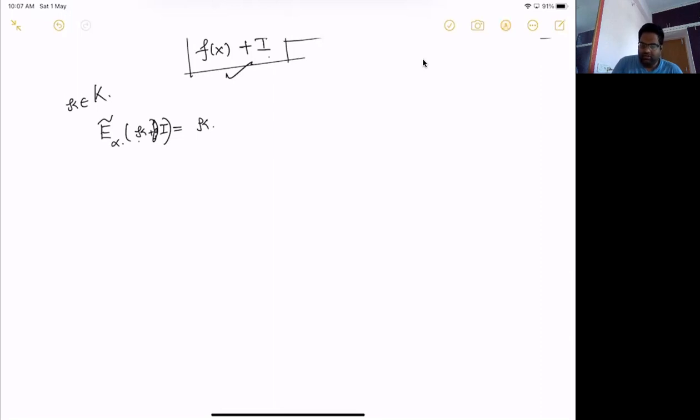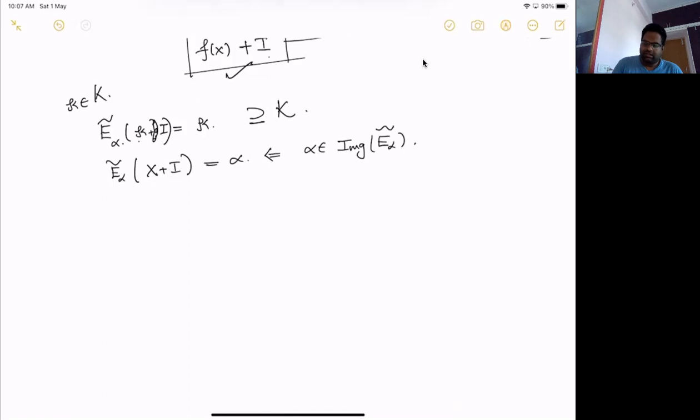So the image of E alpha tilde contains K. And furthermore, E alpha tilde of x plus I is equal to alpha, basically by substitution. It follows that alpha also belongs to the image of E alpha tilde.